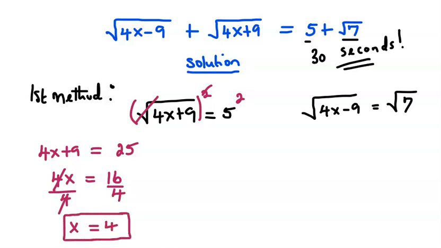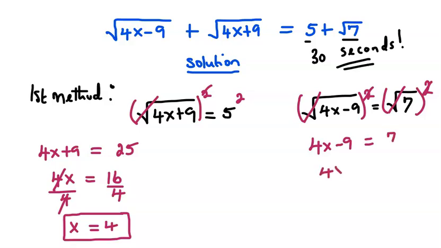Now let us solve the equation at the right hand side. We're going to square both sides. Square will always cancel the square roots, as we know. Then from the left hand side, we now have 4x minus 9. This is equal to 7. Add 9 to both sides, we get 4x is equal to 7 plus 9, which will give us 16.